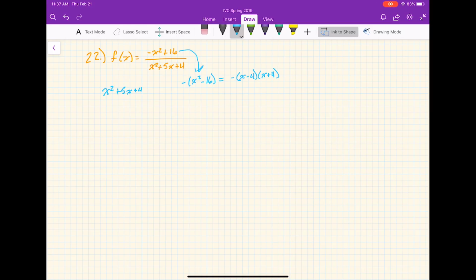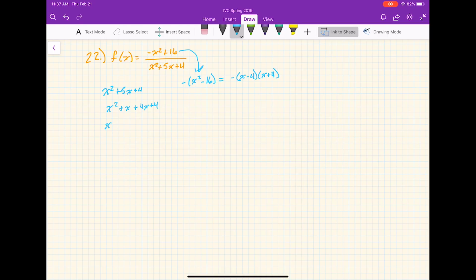And that's going to be x squared plus x plus 4x plus 4. All right, so now I can factor out the x on this side.